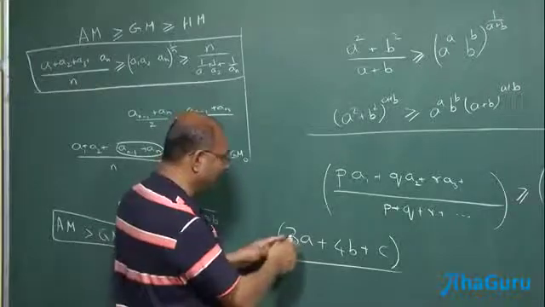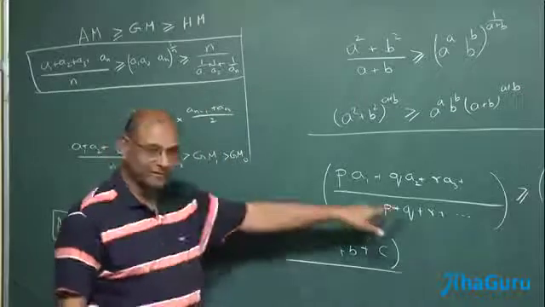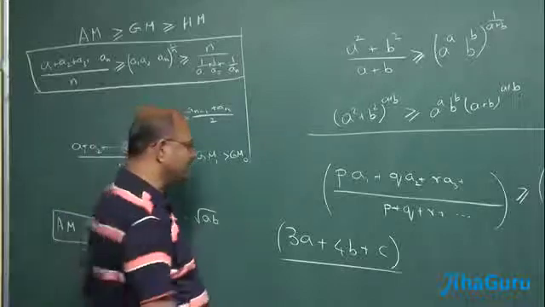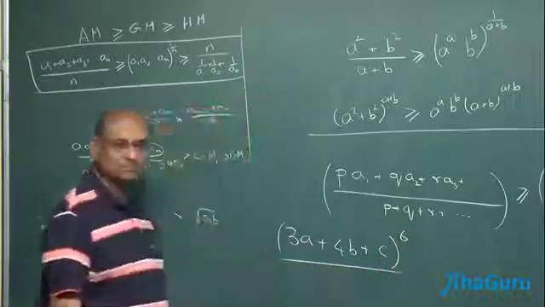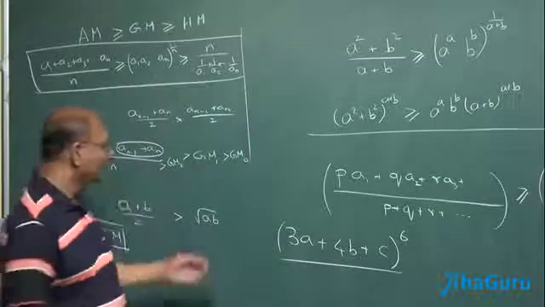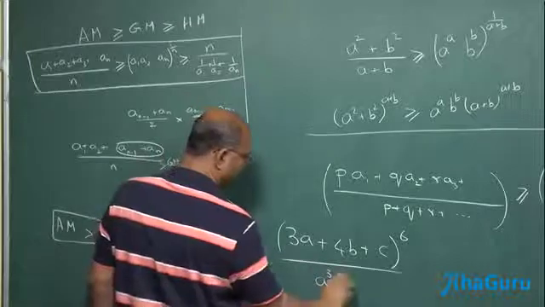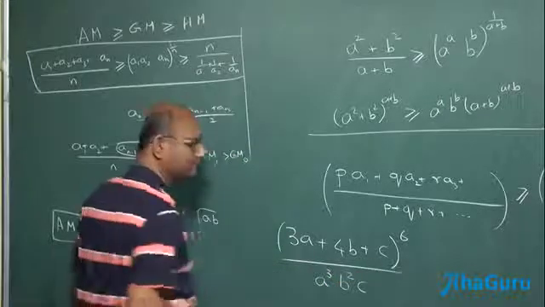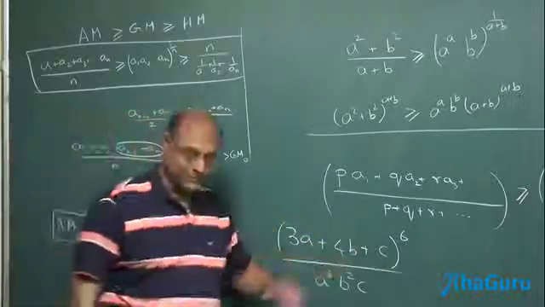One way is to say I would like this to the power of something, power of 8. Okay, but I don't want power of 8. I would like to say power of 6, divided by a cube b square c. What is the maximum value of this? This is one possible question.